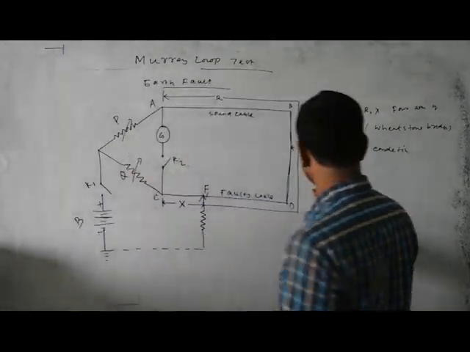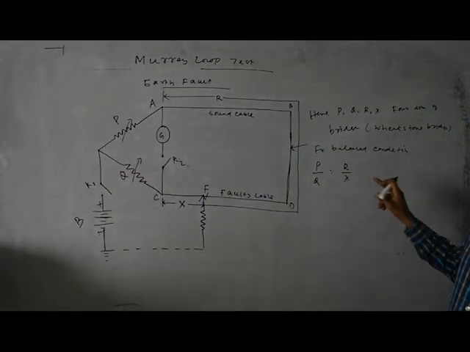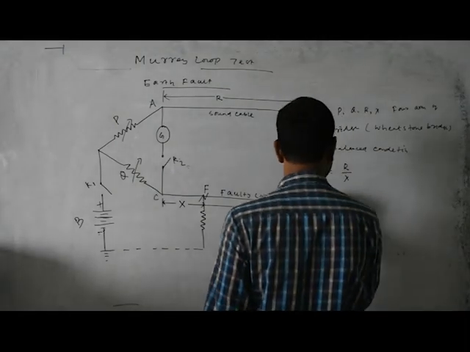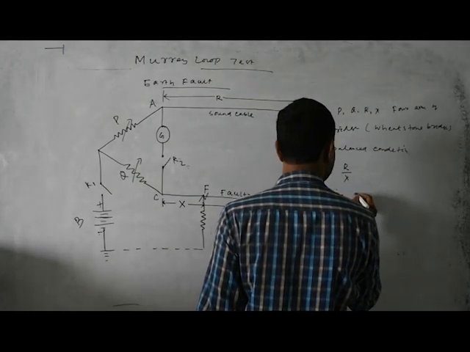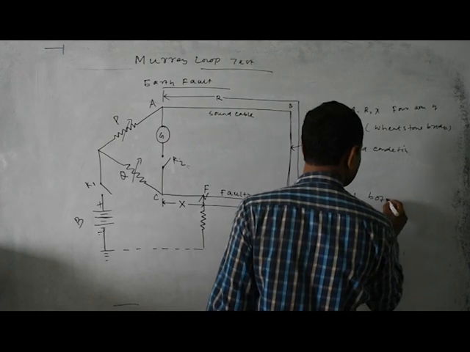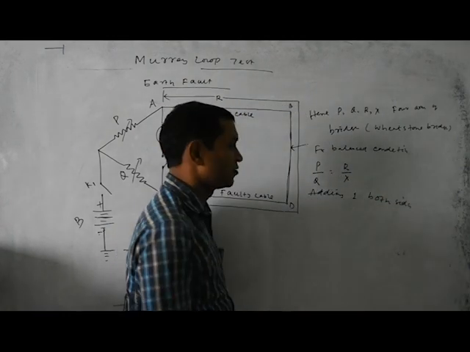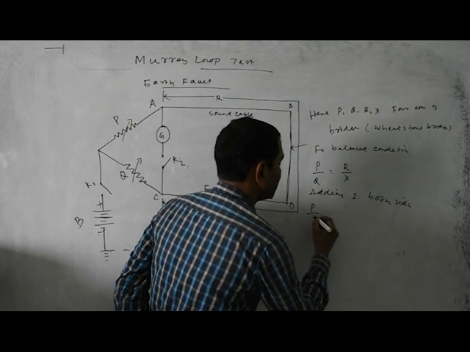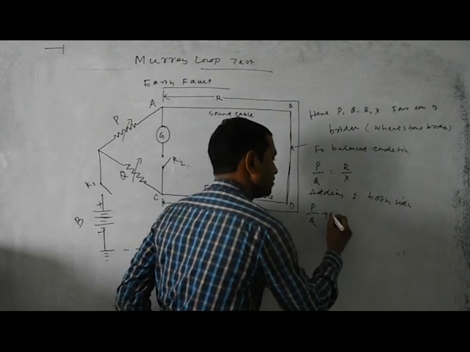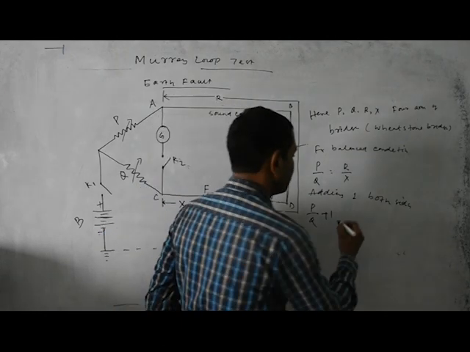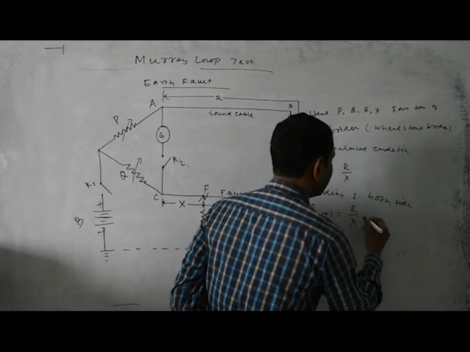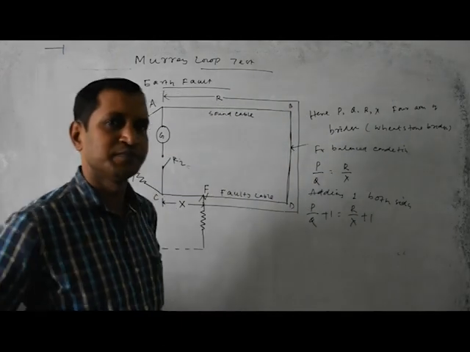Now adding one to both sides, what happens? P by Q plus 1 equals R by X plus 1.